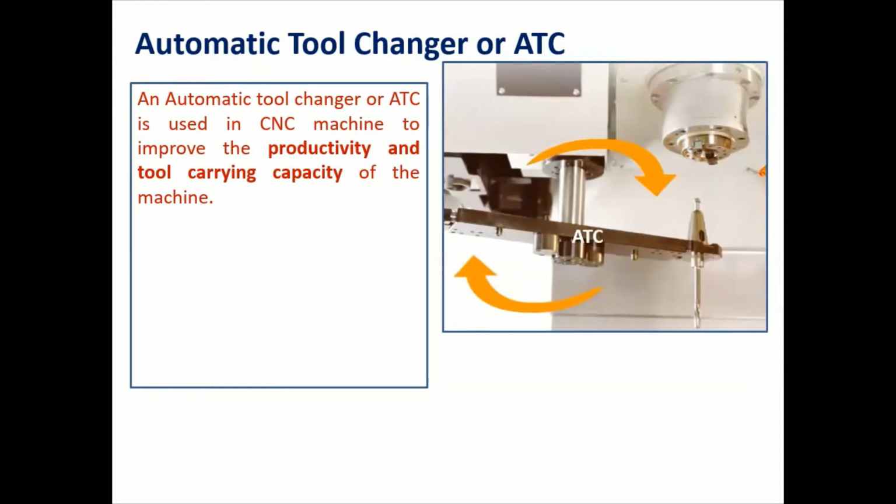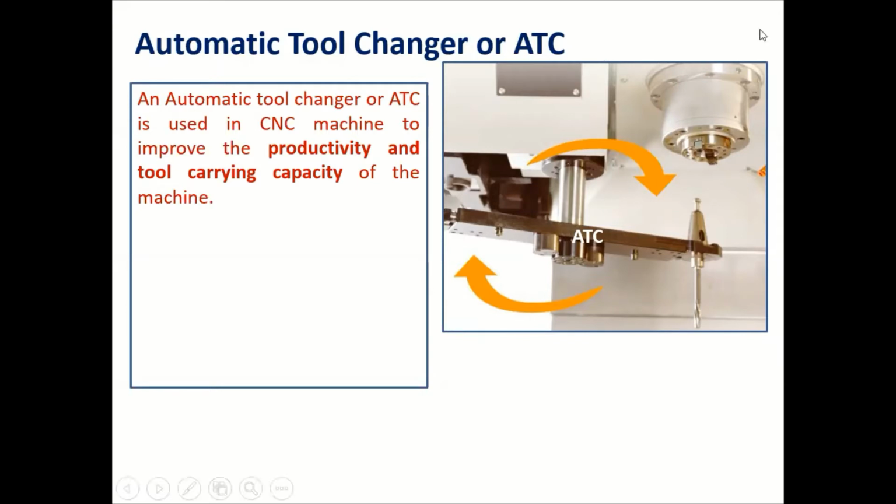As we know, a number of operations have to be performed on the machine, so a number of tools are required. For that, we always use the automatic tool changer so that we can reduce the time. As we reduce the time, naturally the productivity goes on increasing.